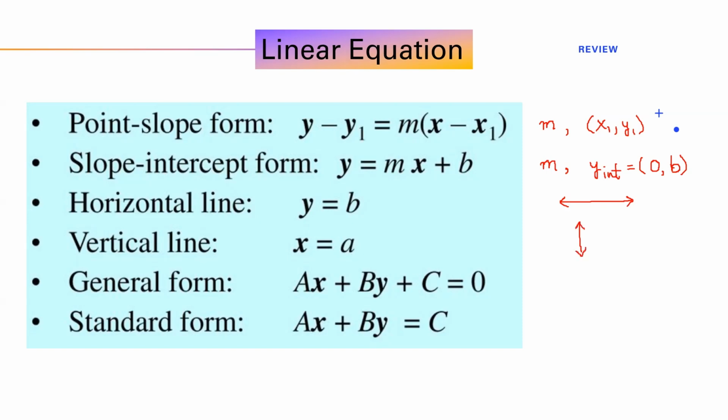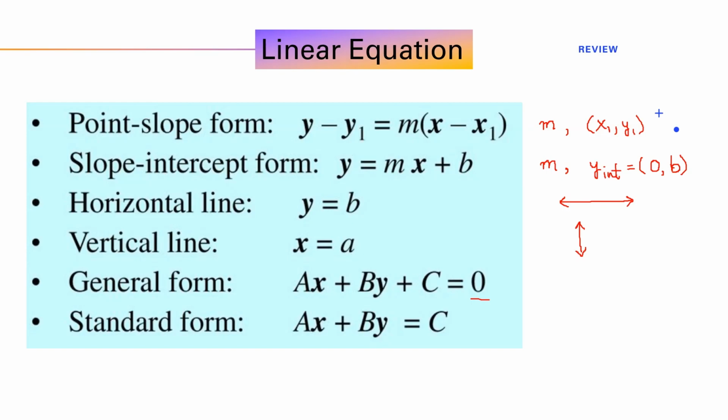General form. So remember, for the general form or the standard form, we don't have any fractions. It's all about the integers. For the general form, we move all of the terms to the left hand side and the right hand side is 0.